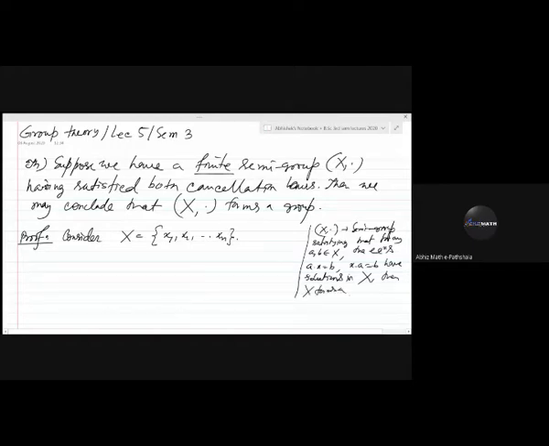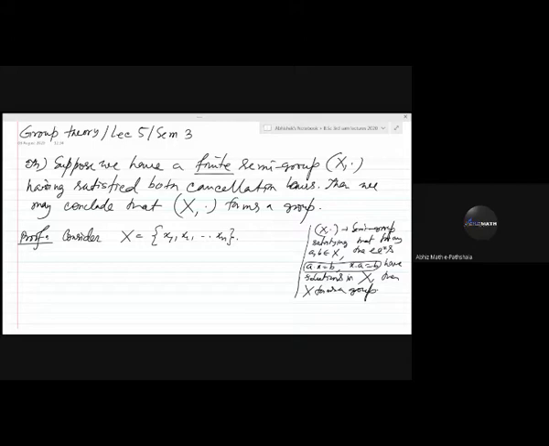So we are using this theorem to get this result. We are to consider these equations, and our goal is to find solutions of these equations. To find the solutions, you need to use the finiteness of this set and associativity.